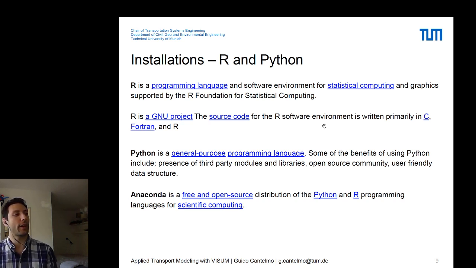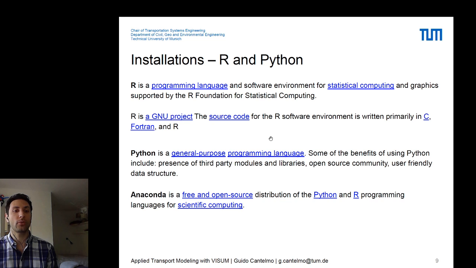So whatever you write with Python, you can run it directly inside Visum. And this is actually a big advantage. One of the advantages, I would say, of using R is that for some functions, for some statistical computing, it could be easier or more intuitive. Anyway, they are both amazing alternatives.